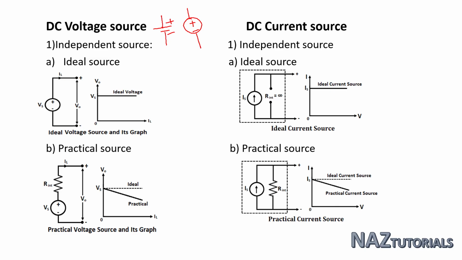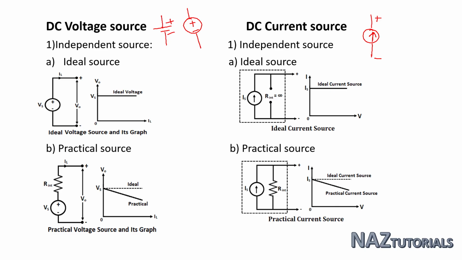This is the basic structure of a DC voltage source. For the DC current source, the basic symbol has an arrow, where the arrow point is the positive terminal and the back point is the negative terminal.